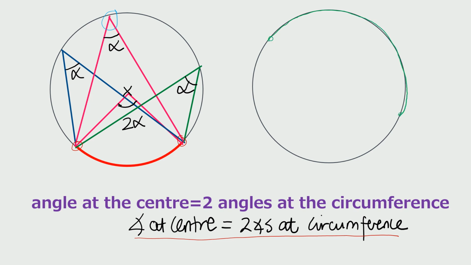From the two endpoints of the arc, you can subtend an angle at the center. This is our center, I call it O. The angle here will be 2 alpha. Then using the two endpoints, you can subtend an angle at the circumference, and this angle will be alpha.